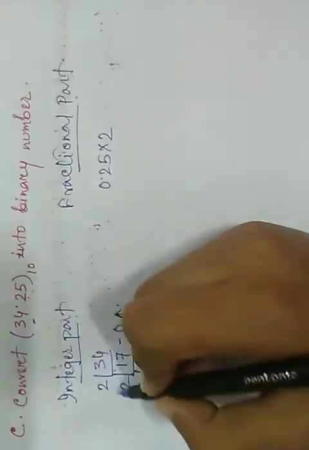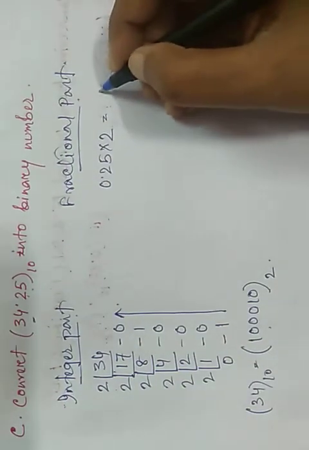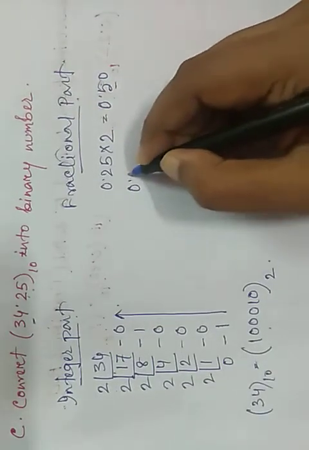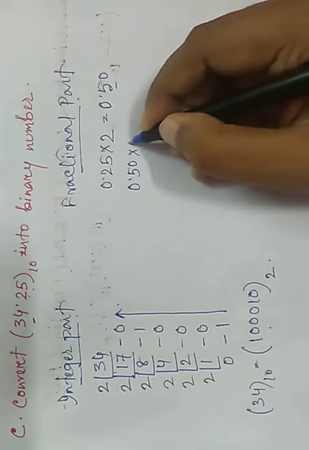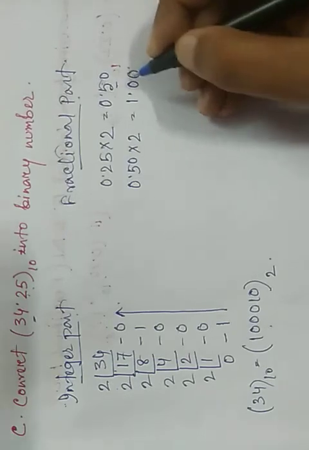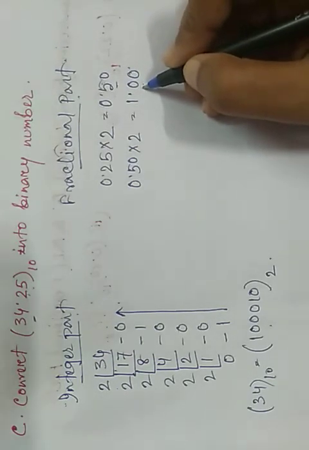For the integer part we have to divide, for the fractional part we have to multiply. So it is 0.50, integer part 0. Now take the fractional part, 0.50 into 2, that is 1.00. So you see here the fractional part becomes 00.